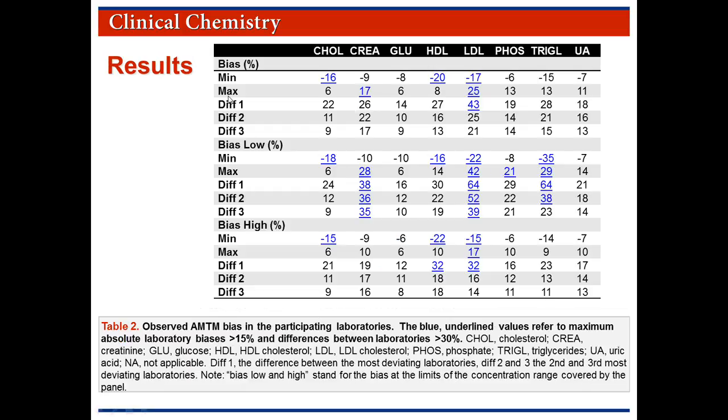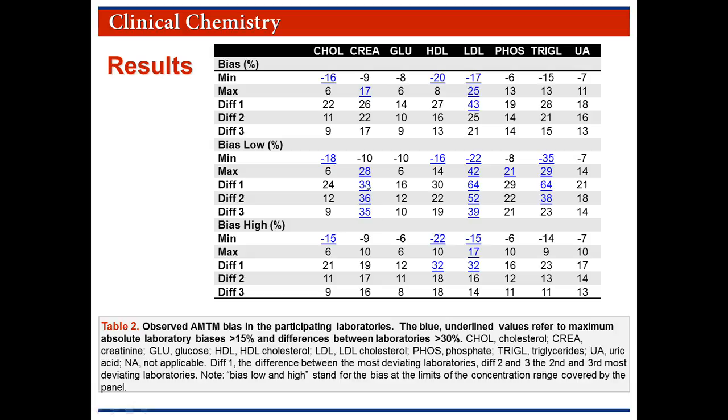So table 2 shows the bias versus the AMTM, the trimmed means observed at the 3 concentrations for the 63 laboratories. The biases represent the combined effects of laboratory and assay. The interlaboratory differences observed here were particularly influenced by assay bias, and laboratories with maximum absolute biases greater than 15% were regularly observed.